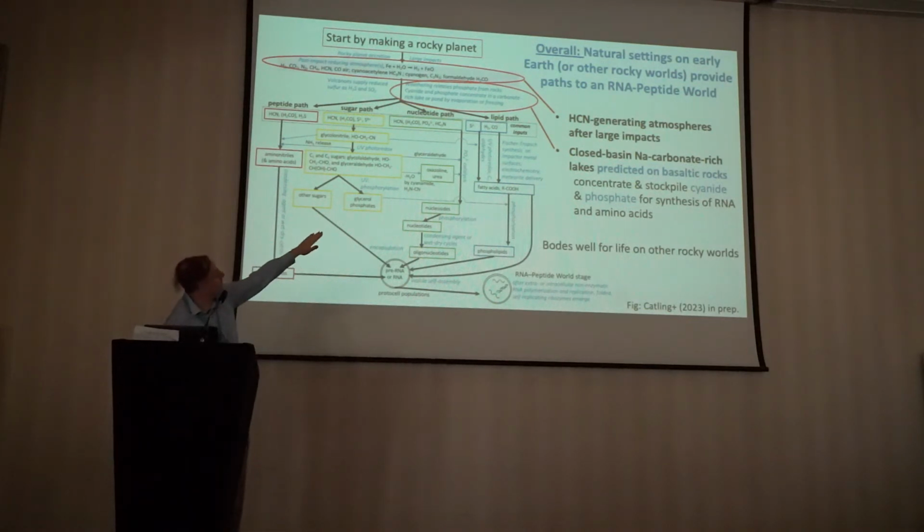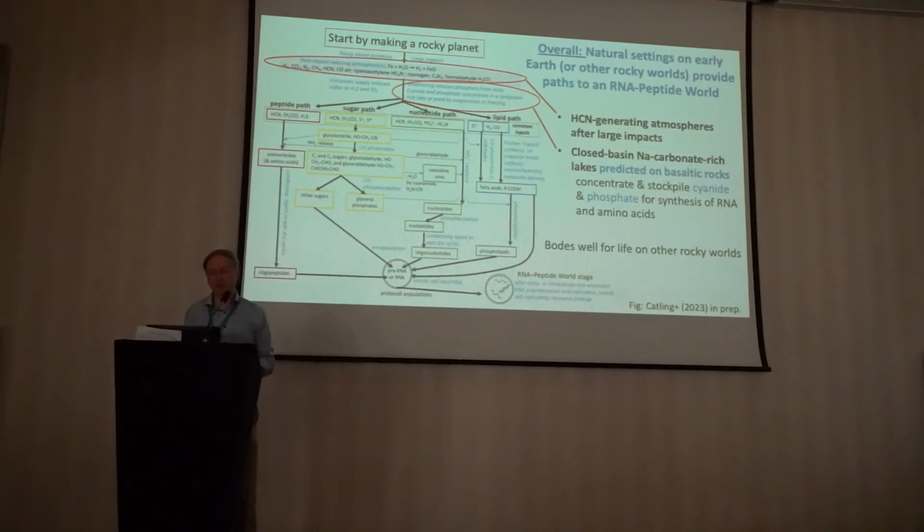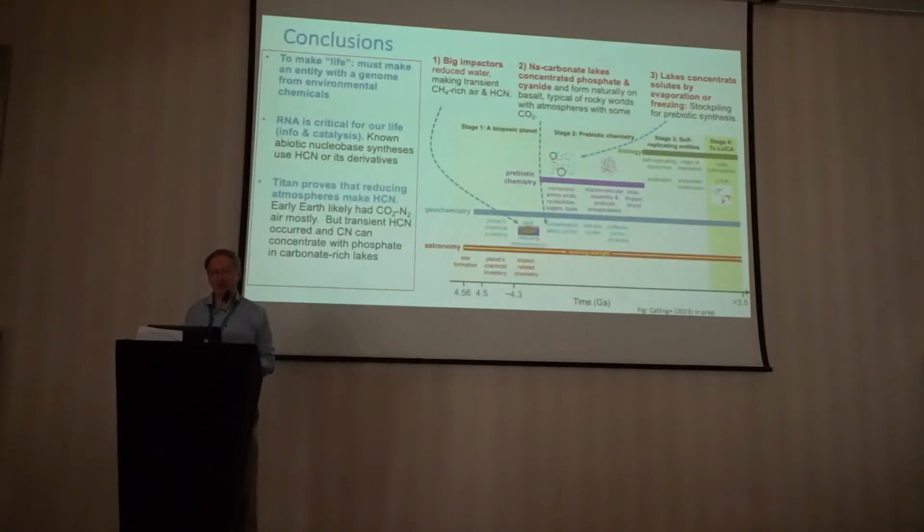So what I've talked about is really the beginning of this, making the right kind of chemicals and having the right kind of setting to concentrate things. But this is kind of expected on the early Earth. We expect basaltic terrains, we expect them to be weathered, we expect them to produce the kind of conditions that could have led to the origin of life. And this would be true also for other rocky worlds, so it bodes well for other rocky worlds.